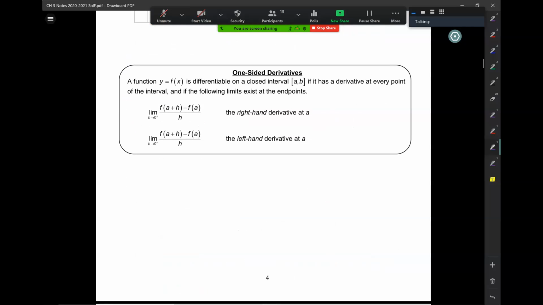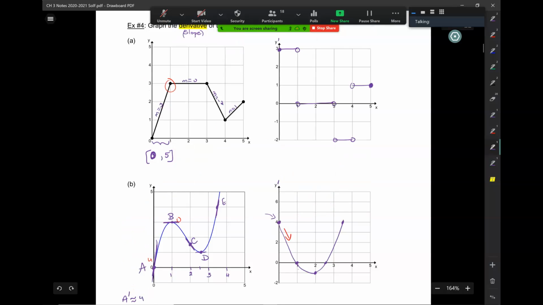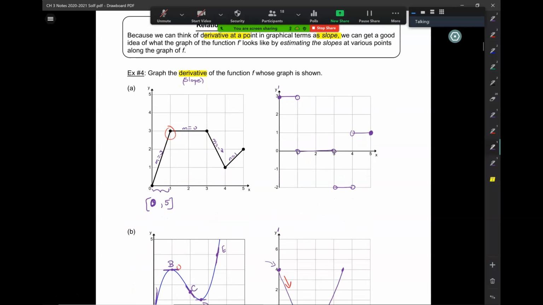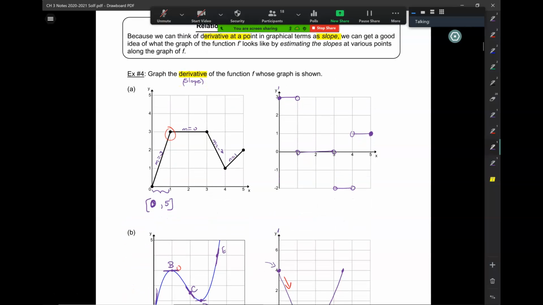All right. So, one-sided derivatives. We could use these same definitions to find the derivative either to the left or to the right of a point.